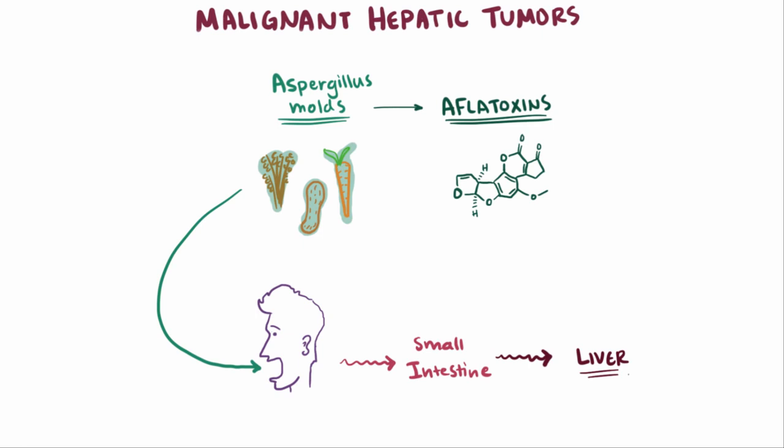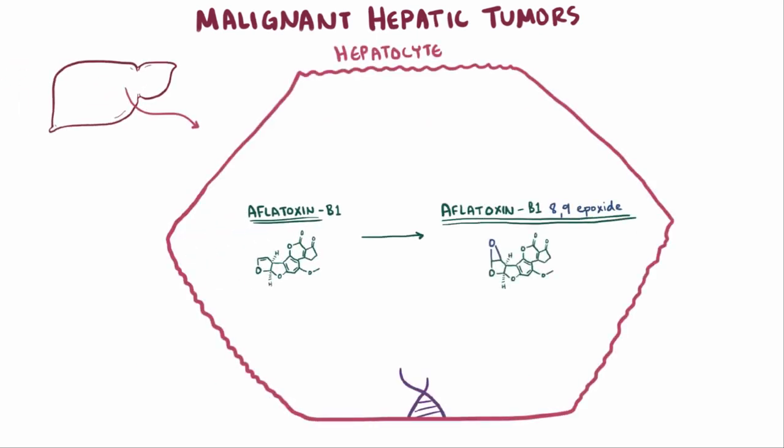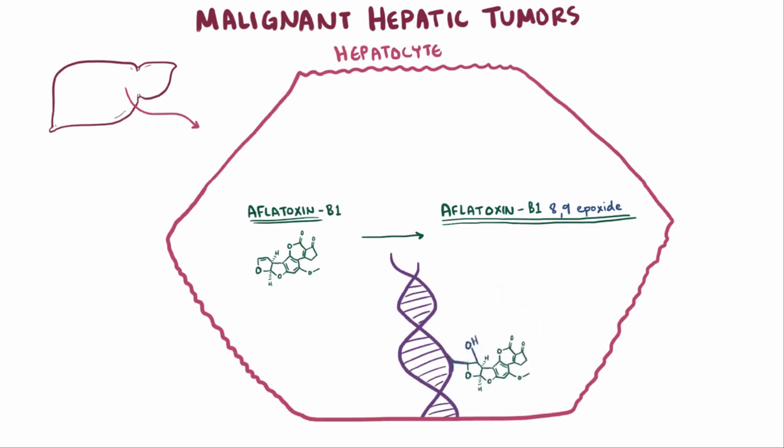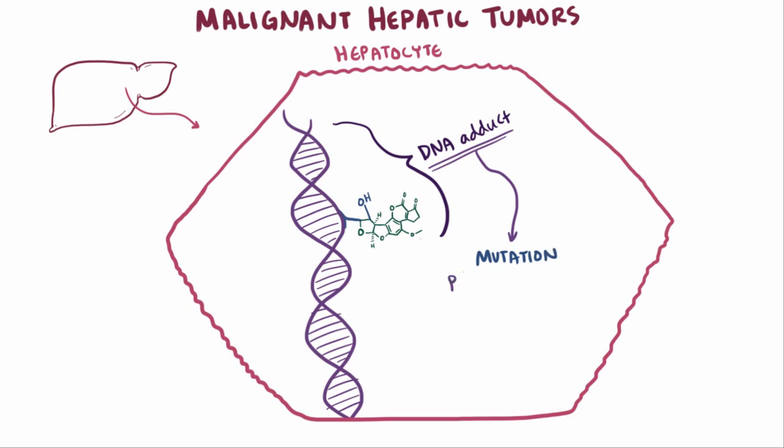The most potent type of aflatoxin thought to be involved in carcinogenesis is aflatoxin B1, and when it gets to the liver, it's metabolized to aflatoxin B1-8,9 epoxide. And now this guy can bind right to DNA, called a DNA adduct. And this interaction leads to mutations in the p53 tumor suppressor gene, which usually, when it's functioning right, stops the formation of tumors. So if it becomes mutated and dysfunctional, tumor formation and carcinogenesis might follow.